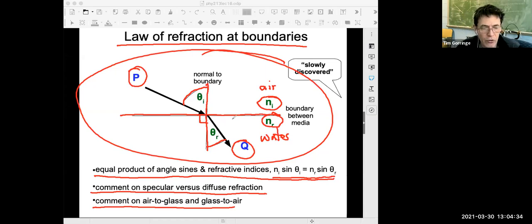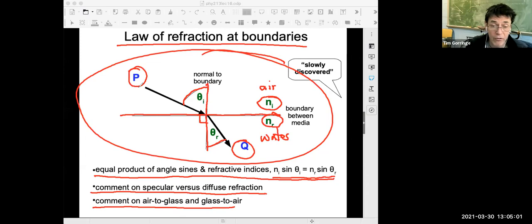That happens when you travel from lower refractive index to higher refractive index. And air to water is an example of that. If the light wave was traveling from the water to the air, the light ray will be bent away from the normal. And that happens when you travel from higher refractive index to lower refractive index.